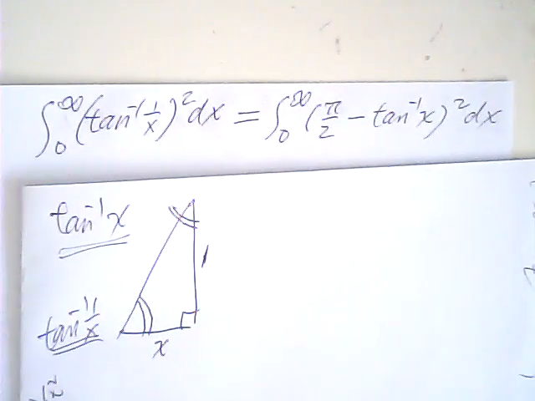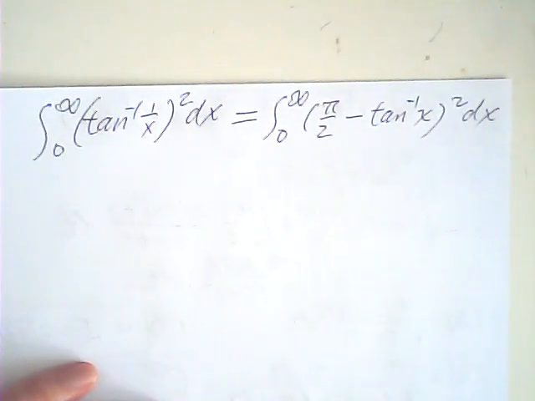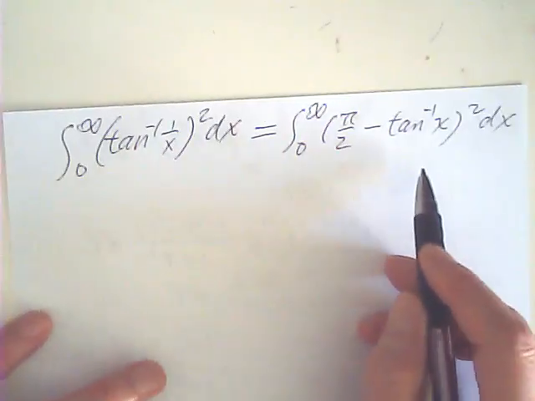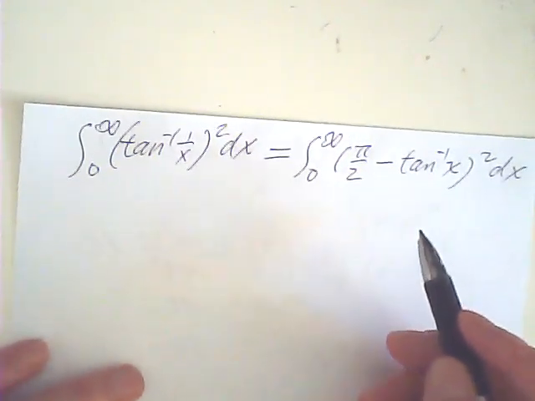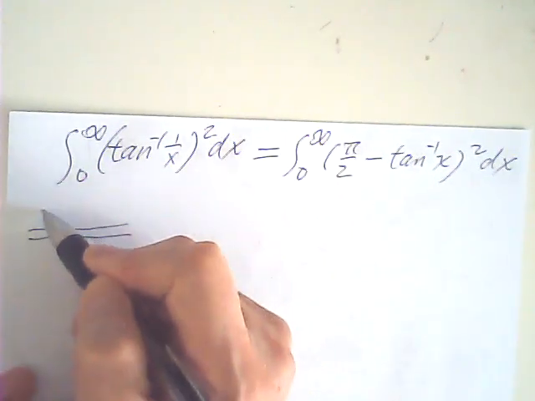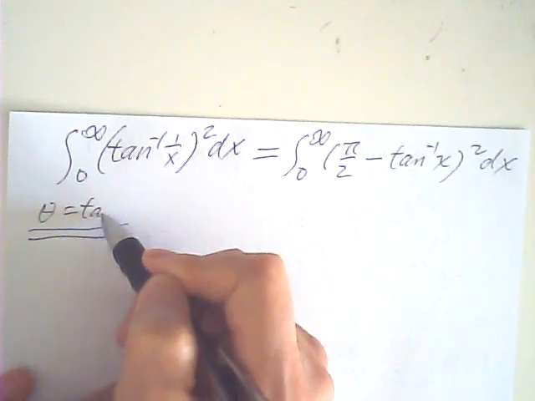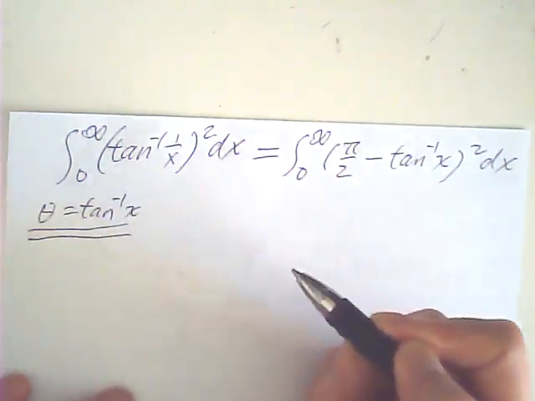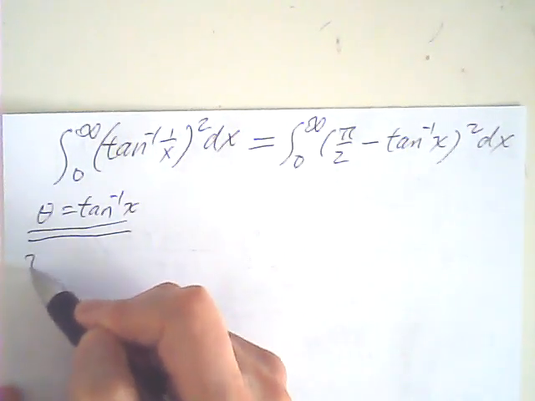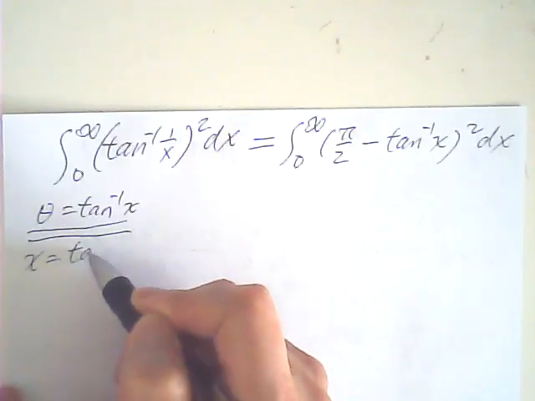Okay, good. Then I use substitution. I let theta be arctangent x. So x is equal to tangent theta.